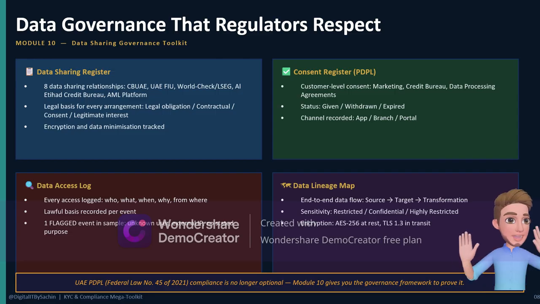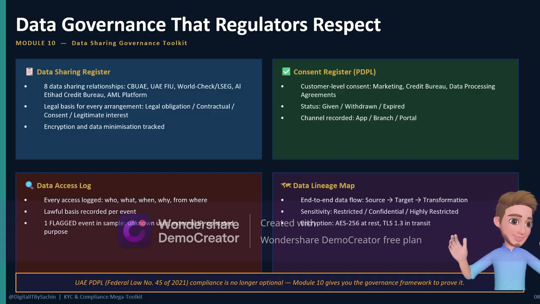Now, Module 10 addresses one of the fastest growing areas of regulatory focus in the UAE: data governance. The UAE personal data protection law comes into force, and the regulators are increasingly asking how organizations manage, share and protect customer data.